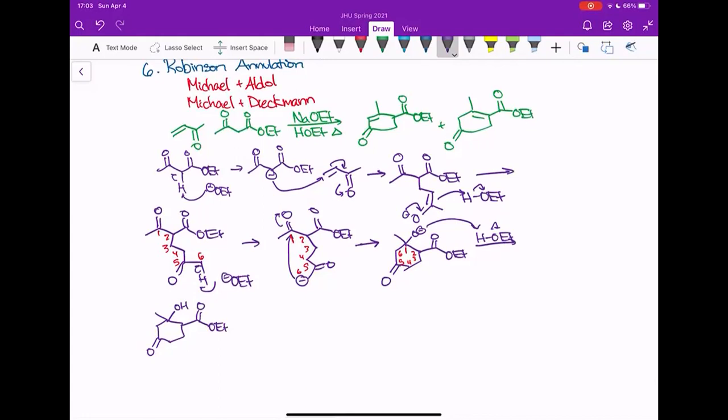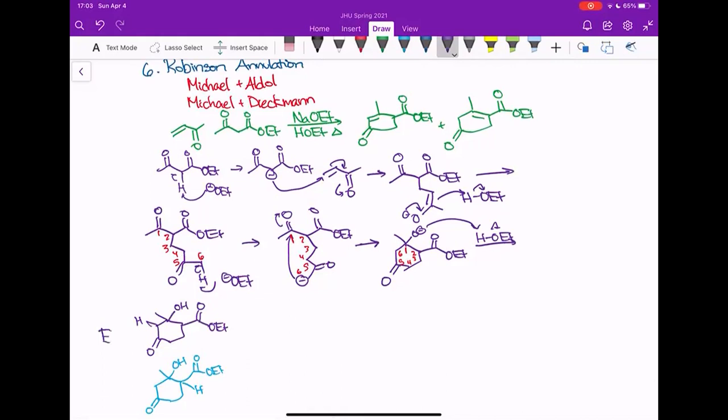Okay, and then now, since we have heat, we're gonna go ahead and do our elimination step. So you're going to have alpha protons on both sides. So you can either get it from this one, or the other option is from the other side, as in that hydrogen right there. So I'll do the purple one first, and then I'll go back and do the blue one.